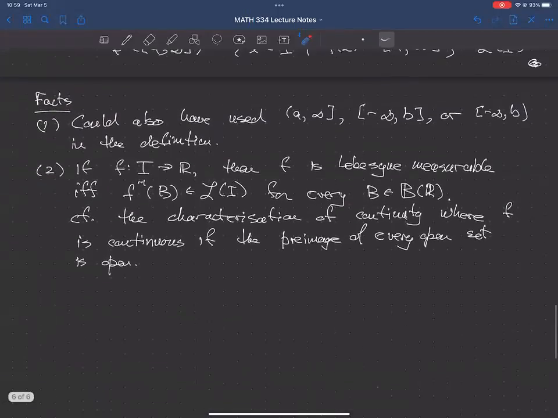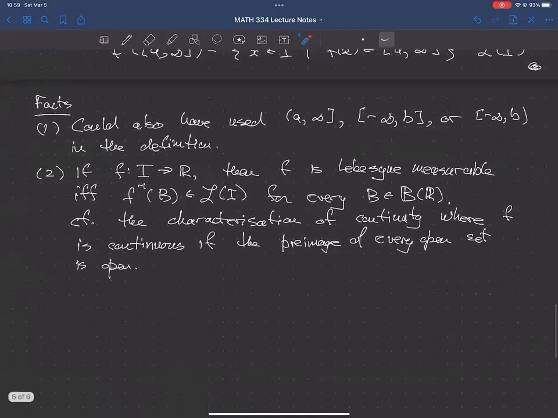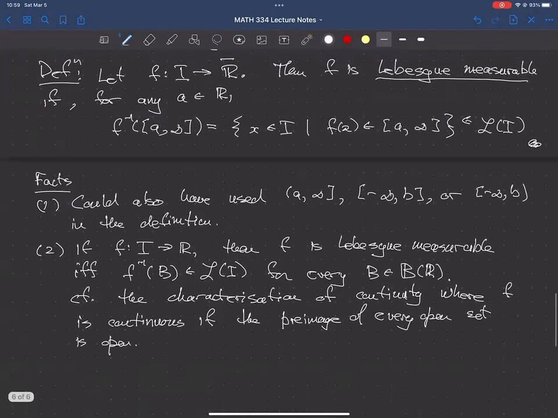What other properties do measurable functions have? When we talked about the Riemann integral, we approximated our functions above and below by step functions as a way of defining the integral.